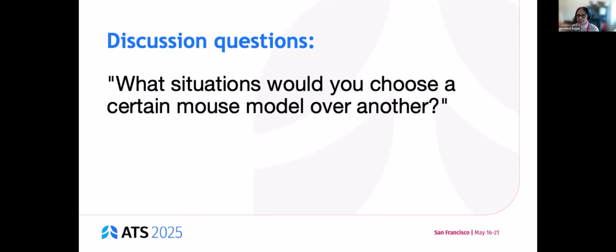Yes, for development of disease, an elastase or LPS model, or a genetic model, may not be very suitable. But if you're trying to figure out what happens when you give the infection, what happens after acute exacerbations, like if you infect the mice, how do these mice actually respond?